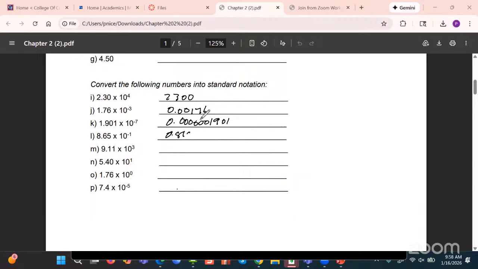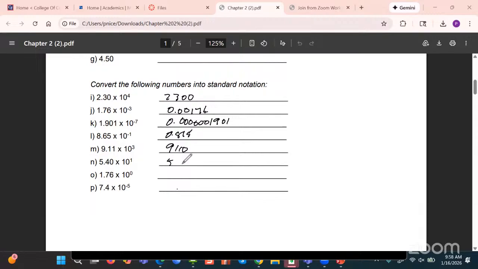0.865. And somebody's chiming in from Zoom. Again, this person is agreeing with us. Okay, what about M? 9,110. What about N? Oh yeah, 54.